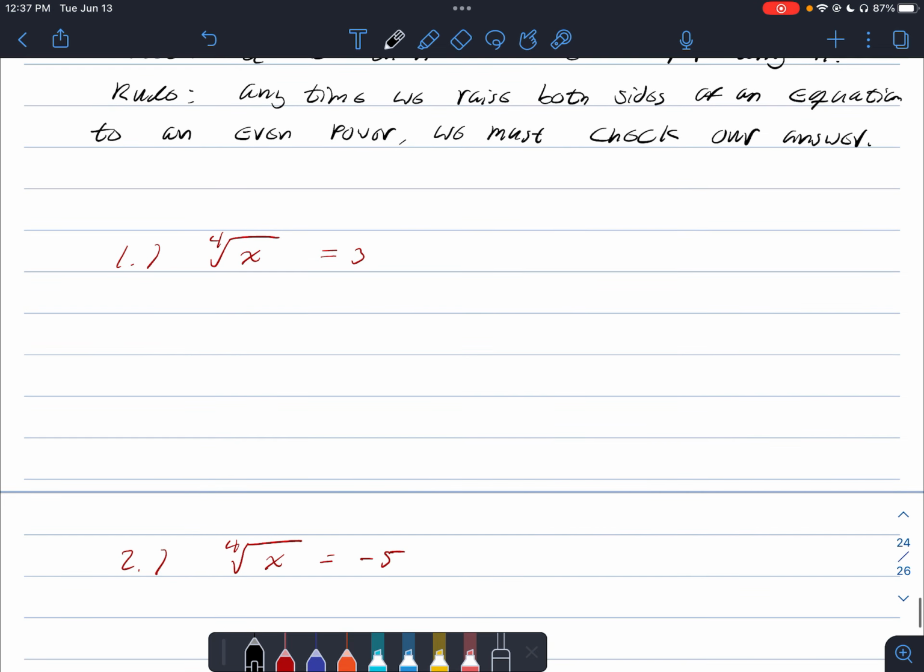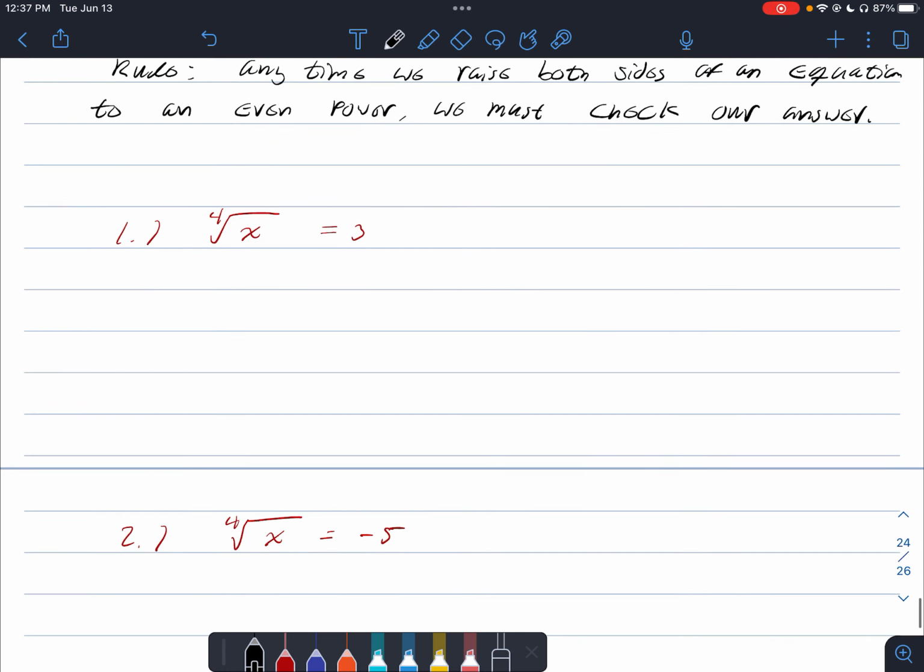So let's go ahead and look at a pretty simple one first, though. Here we have the fourth root of x is equal to 3. To undo this, just like when we have the square root of something, we just square both sides. Here, we're going to raise both sides to the fourth power.